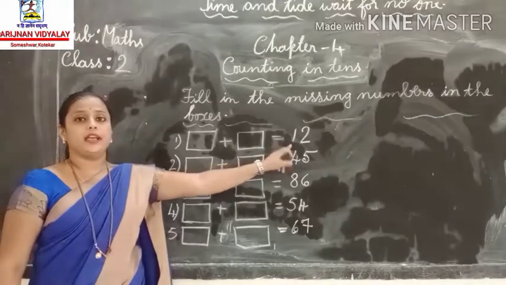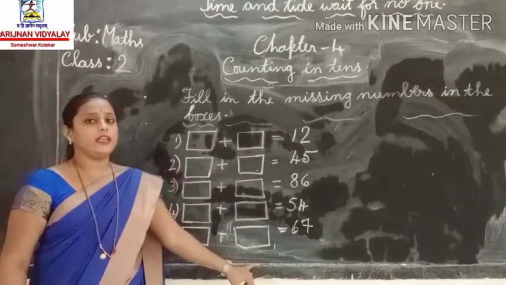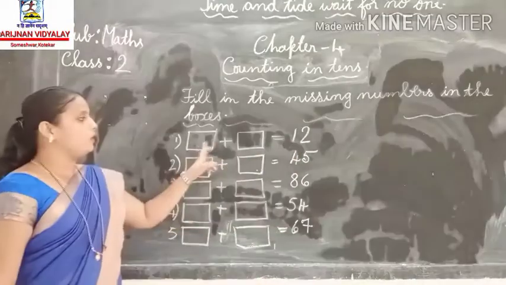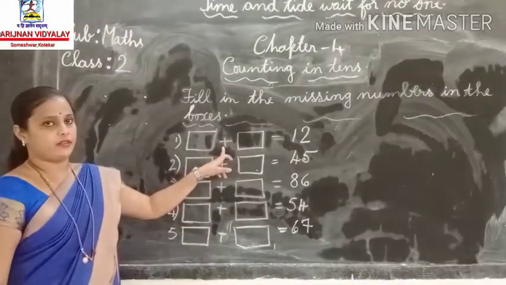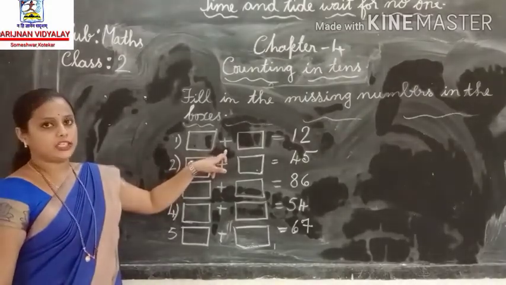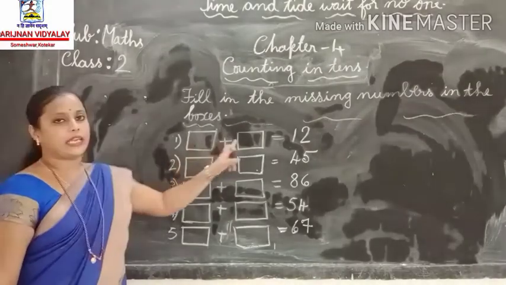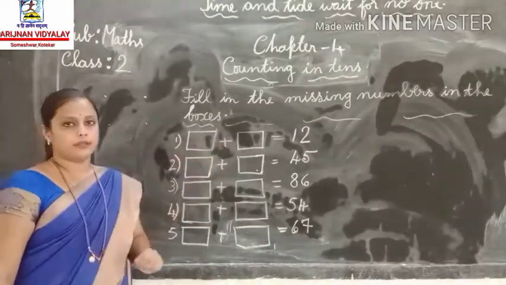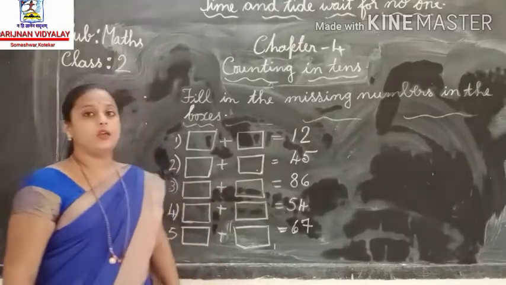You can take any two numbers, but while doing addition, here there is a sign. This is the sign of addition. Students, you can take any two numbers, but when adding them, your answer should be 12.